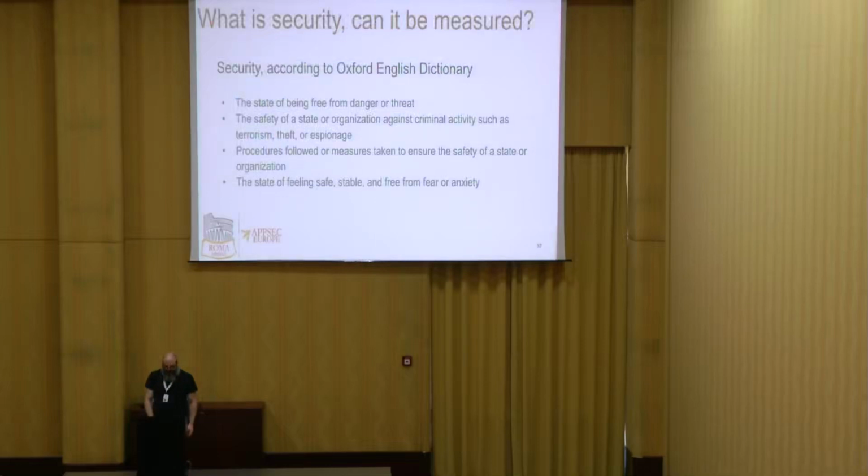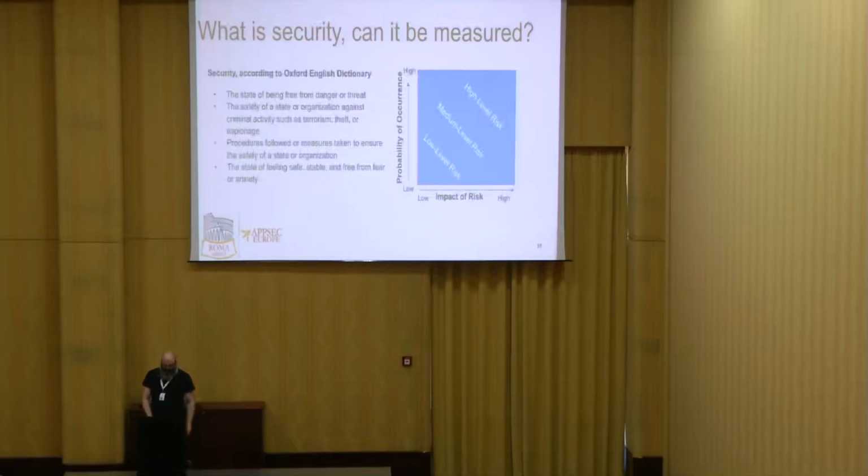So what can we actually measure? If we think about what security is, you can look in the dictionary and see some definitions, and we often use these kinds of charts to describe security, but it doesn't really mean all that much. So should you, for example, ignore a 49% probability of a risk that would cause 49% of maximum loss?